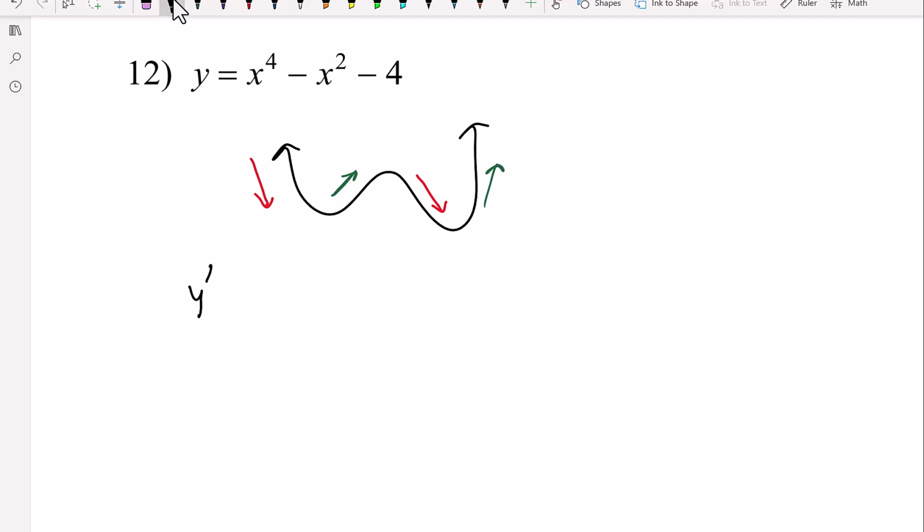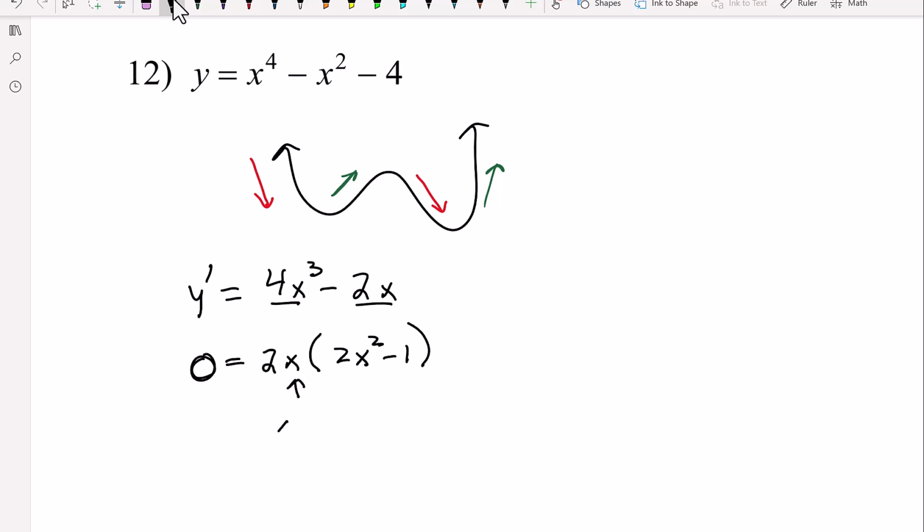So y prime, so 4x cubed minus 2x. We're going to set this equal to 0. We're going to factor out what they have in common. They have a 2 in common, and they have an x in common. And that leaves 2x squared minus 1. All right? Well, again, x on the outside is always equal to 0.